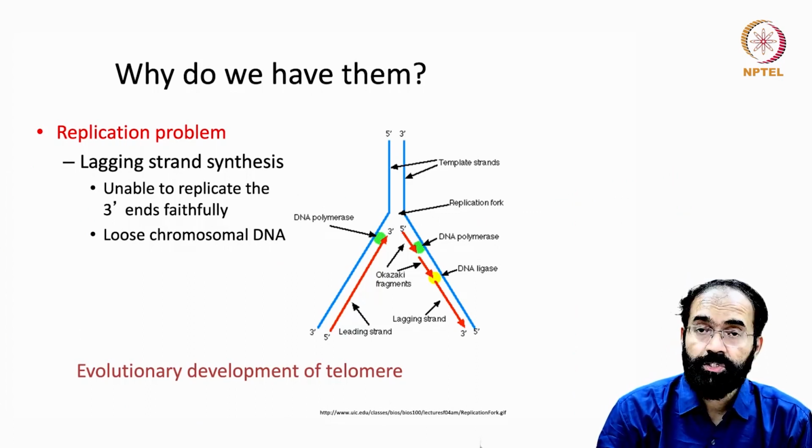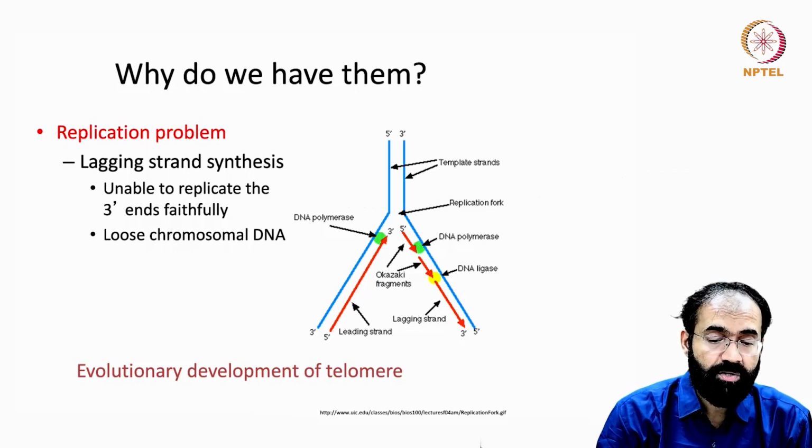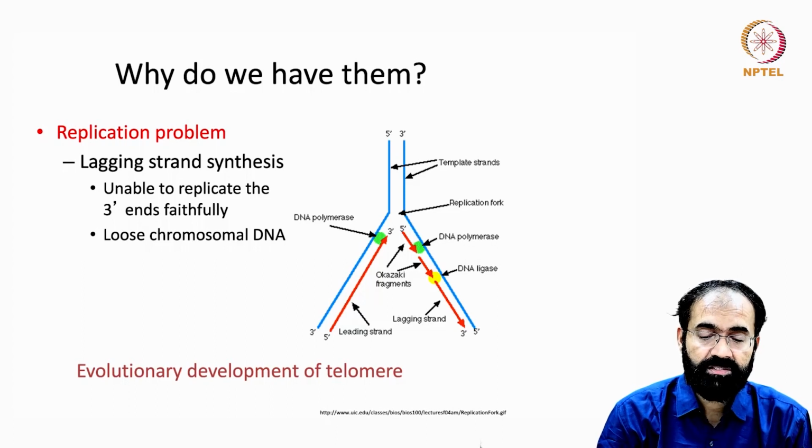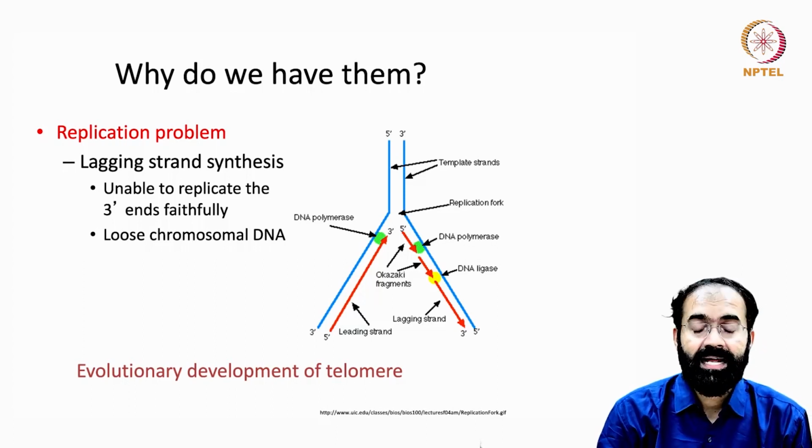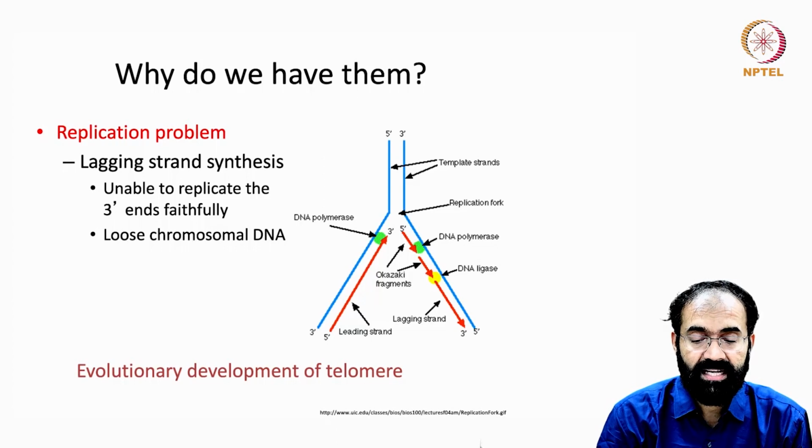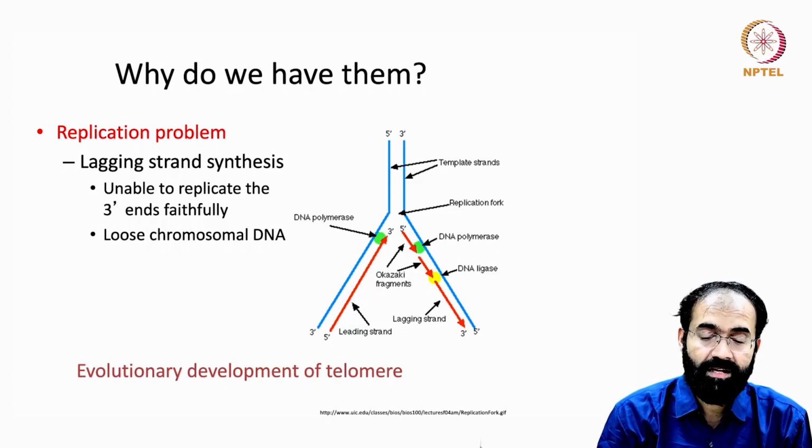Usually the lagging strand synthesis is unable to replicate the 3' end very faithfully, because the synthesizing enzyme has to hold somewhere, but this is the tip. So the enzyme has to bind onto this template, and if it has to make a copy of this, it has to bind here in the atmosphere. It cannot stand there.